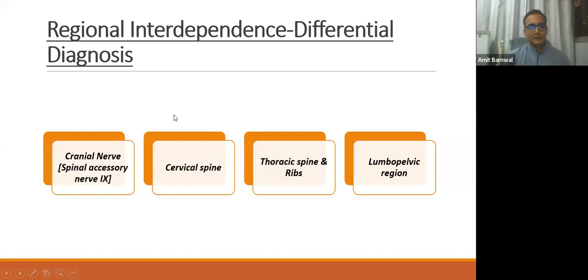Regional interdependence. As we had a view in the previous slides, cranial nerves have an impact because the spinal nerve supplies the most important muscle for scapular attachment. Would anybody like to take an attempt once more, though it was mentioned a few slides ahead?